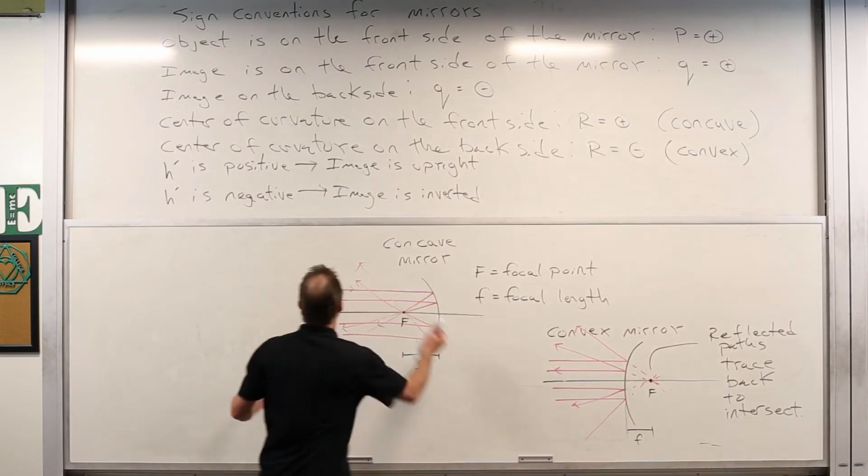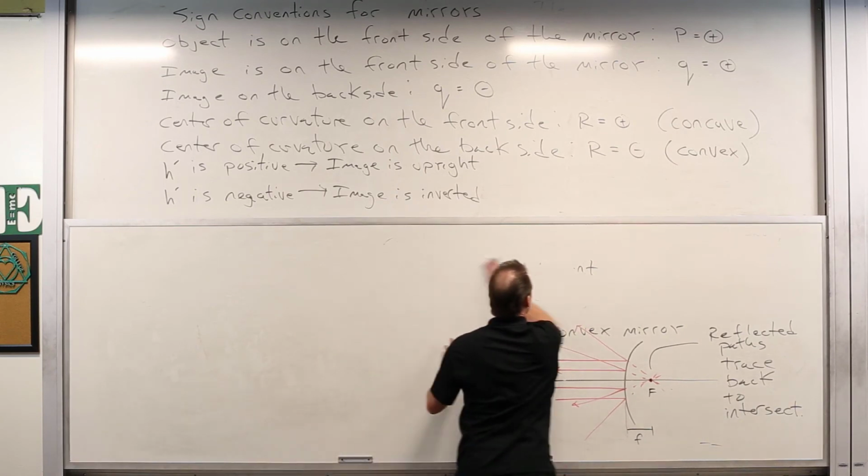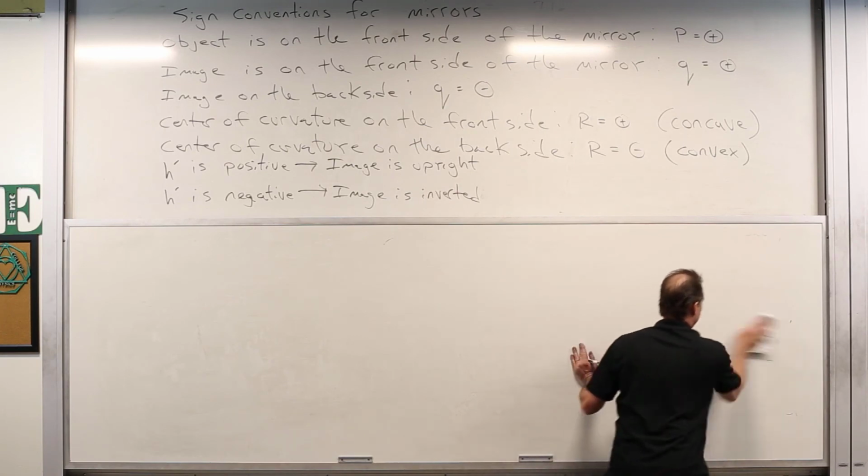So we've got that. And then we've got another relationship between focal length and the radius of curvature for spherical mirrors.